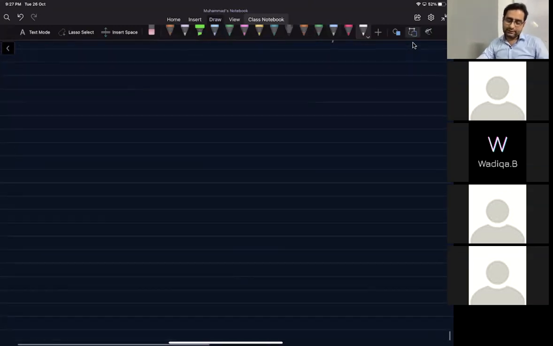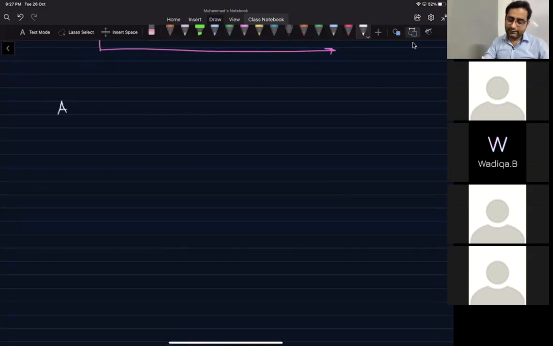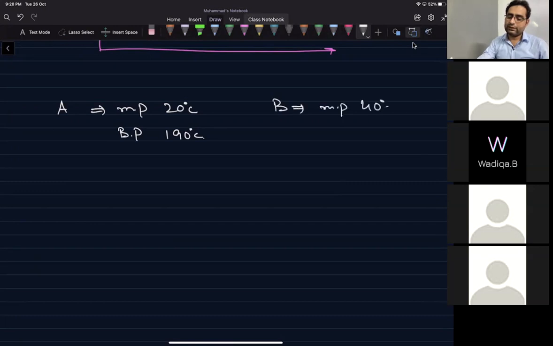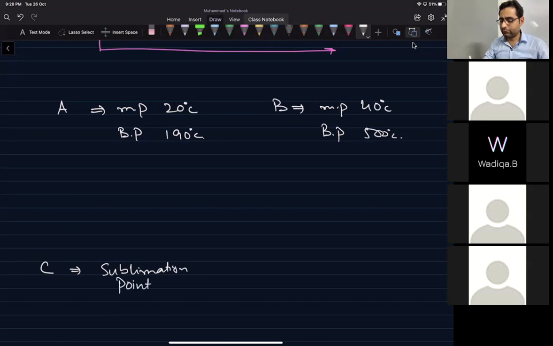Very first, this is substance A. Its melting point is 20 degrees C, and boiling point is 190 degrees C. For B, melting point is 40 degrees C, and boiling point is 500 degrees C. And for C, the sublimation point is 88 degrees C. Draw the cooling curve for these substances and label those cooling curves.